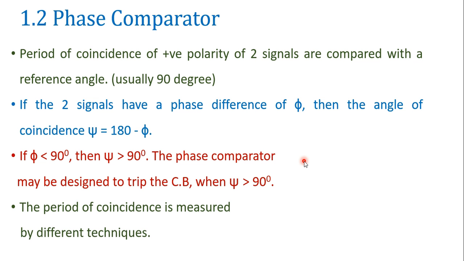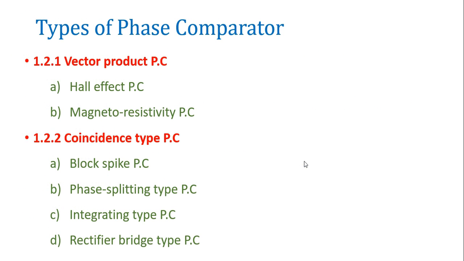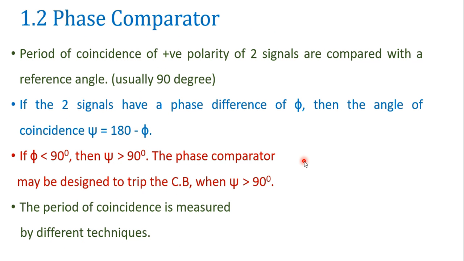The period of coincidence is measured by different techniques. If the period of coincidence psi is greater than 90 degrees, then it detects the fault or sends the trip signal to the circuit breaker.